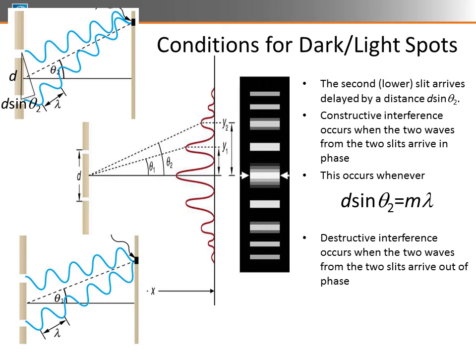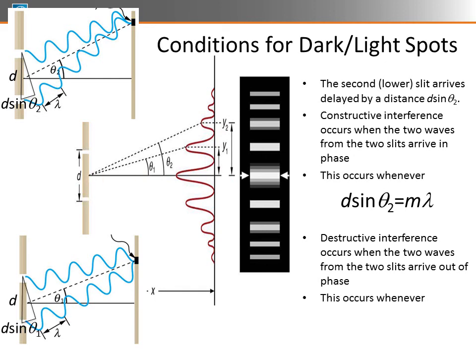So again, the same thing we did before. This time, we're just going to put a little bit of geometry on the triangles. There is one additional problem that you can look at, and we can say how far along the screen. So not necessarily what angle it's at, but how far it is along the screen. And we can just work out a simple triangle to figure out what these distances y1, y2 are, if we know the distance from the double slit to the screen itself.